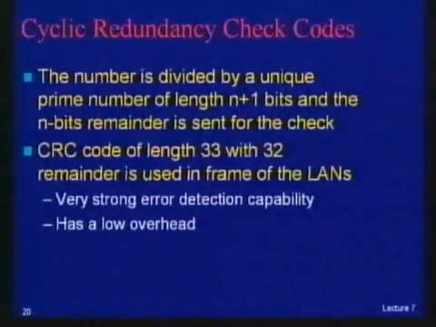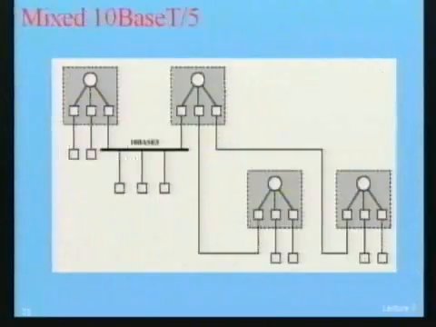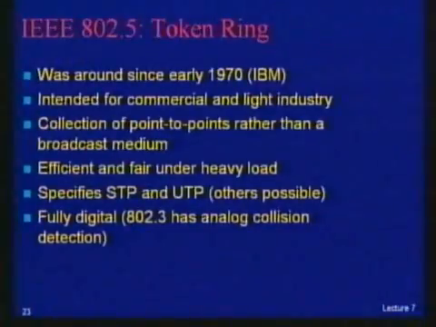Then we went over configurations, and this is the place that we left off in the last lecture. Ethernet was basically a medium in which you send your packet in the air and the destination address picks it up.